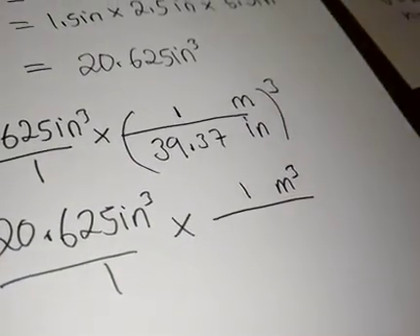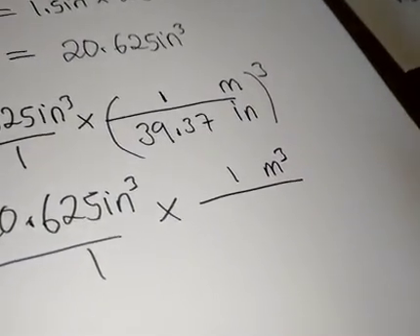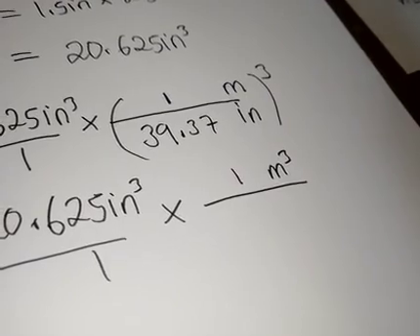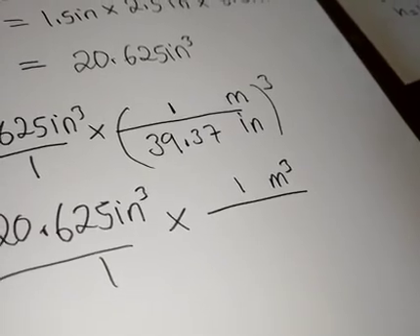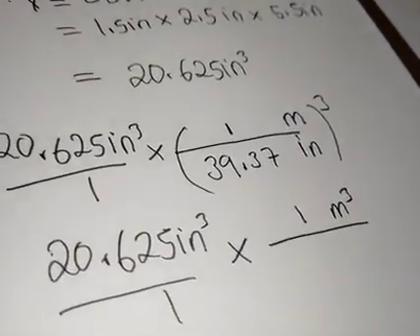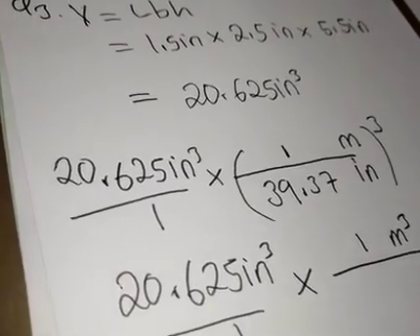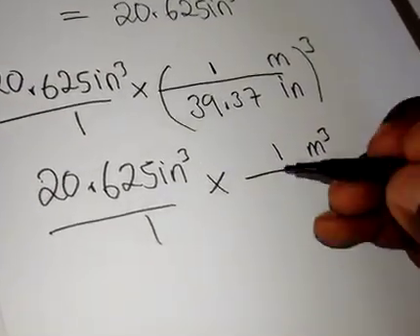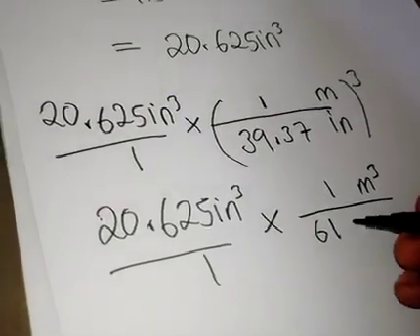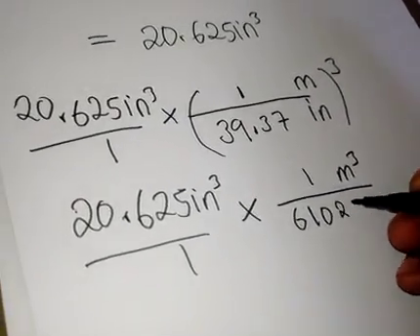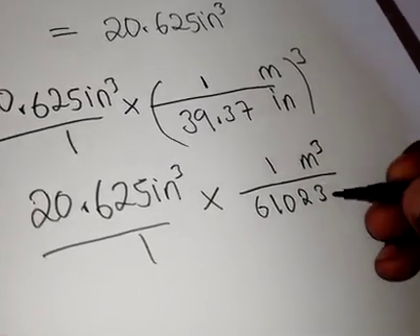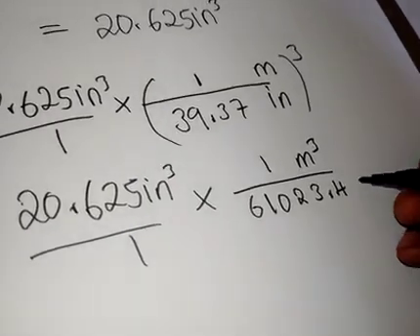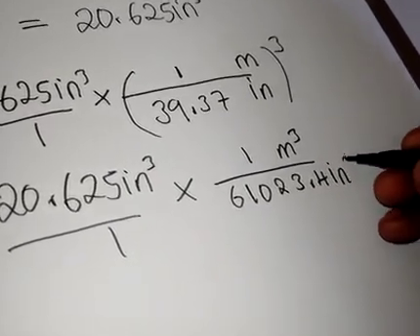over 39.37 raised to the power 3, so 39.37 cubed. I'm getting 61023.4 cubic inches.